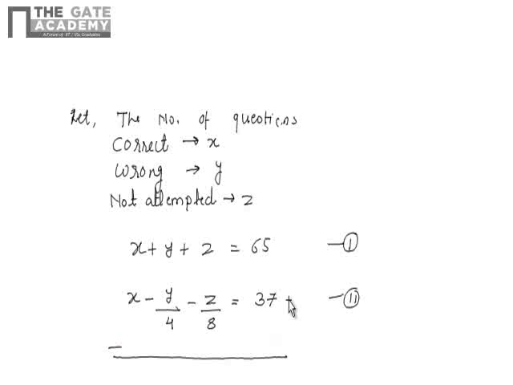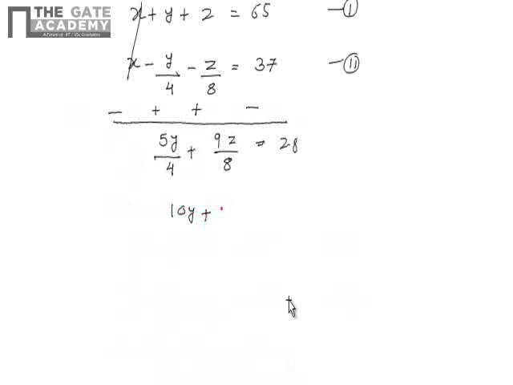Now we'll solve this to eliminate X. So you'll get 5y/4 plus 9z/8 is equal to 28, which in turn means 10y plus 9z is equal to 224. Now you need to find the minimum possible value of z so that this equation is true.